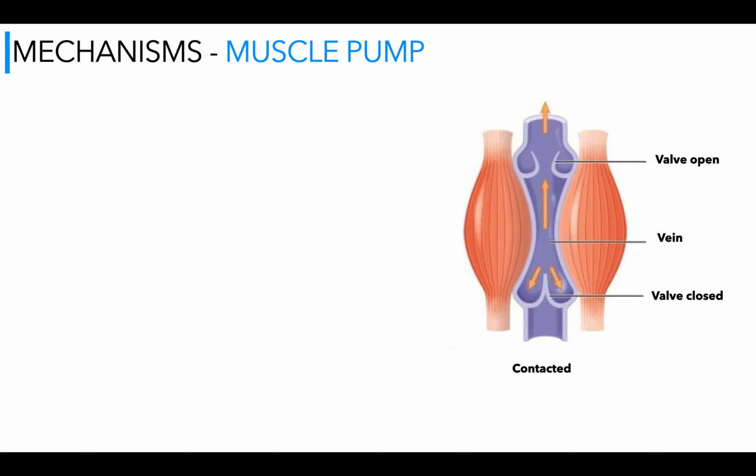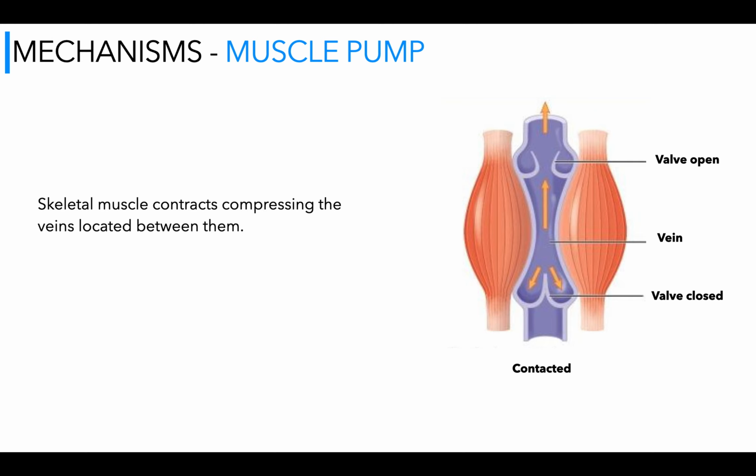We then have the muscle pump. During exercise, skeletal muscle contracts. If you look at the diagram there, let's just say this is the gastrocnemius. The gastrocnemius is contracting, and that contraction compresses the veins located between them.